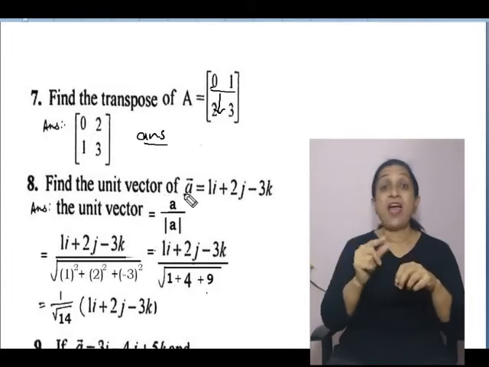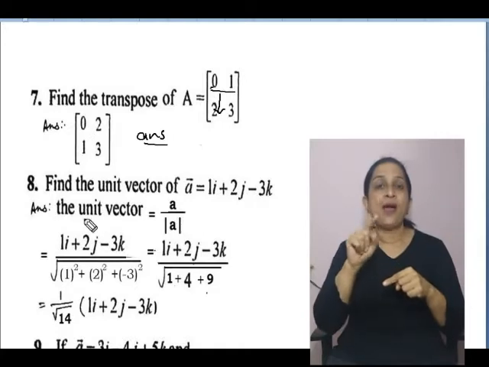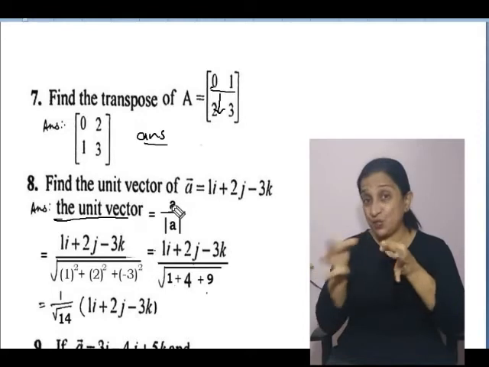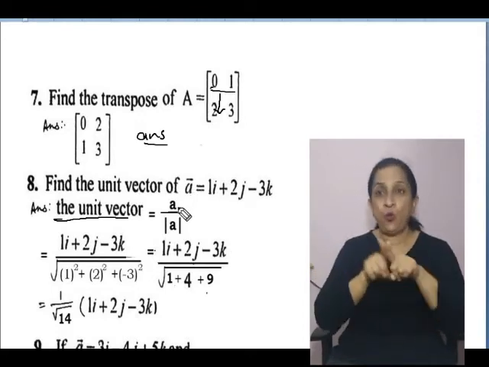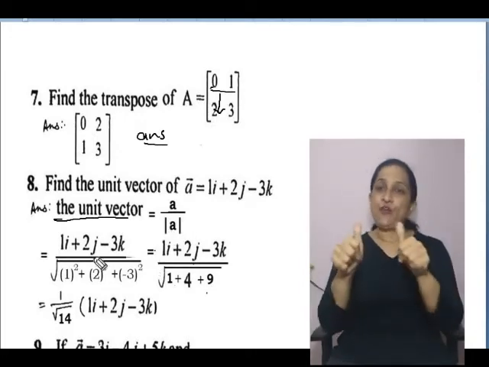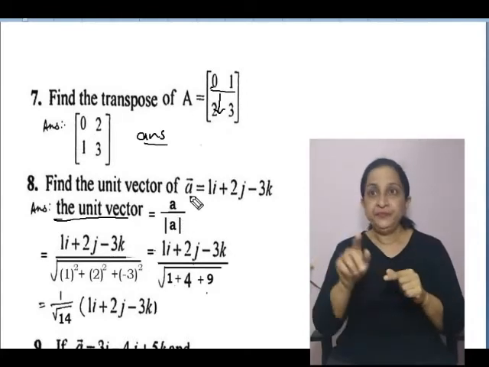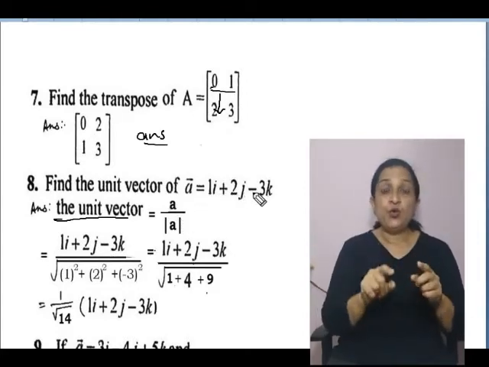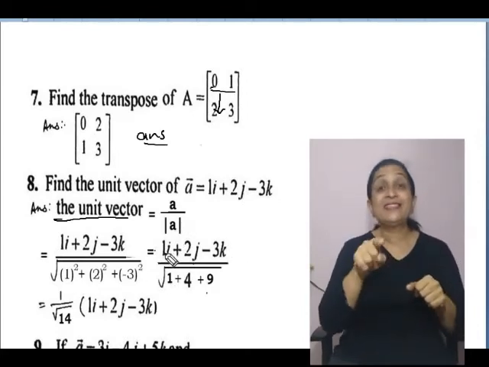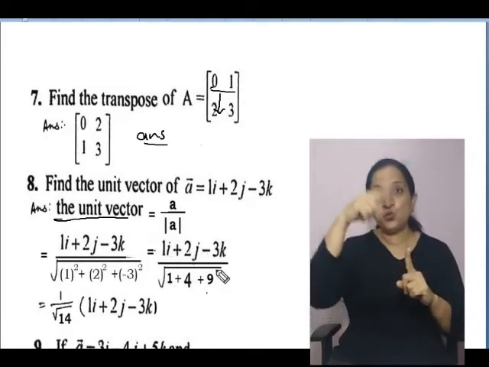Then the eighth problem, find the unit vector of vector 1i plus 2j minus 3k. What is the definition of unit vector? It is the vector A divided by the modulus of A. So it should be 1i plus 2j minus 3k divided by the modulus of A, which is always the square root of the squares of the i, j, k coefficients, that is 1 squared plus 2 squared plus 3 squared.